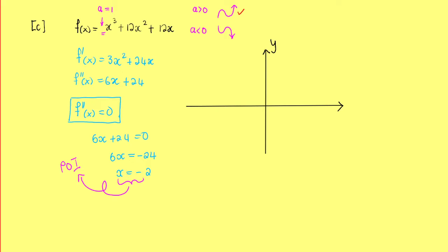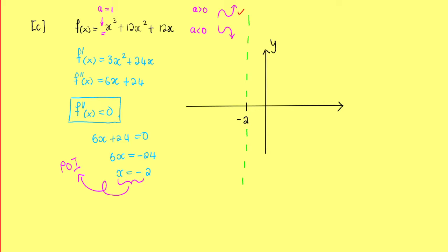The x-intercepts do not matter here when working with concavity. What matters is the x value of your point of inflection. Now, our point of inflection would be at -2. Let us draw a vertical line that crosses -2.